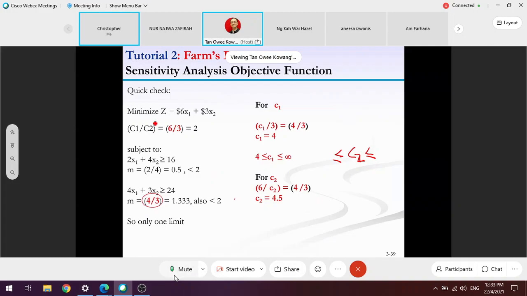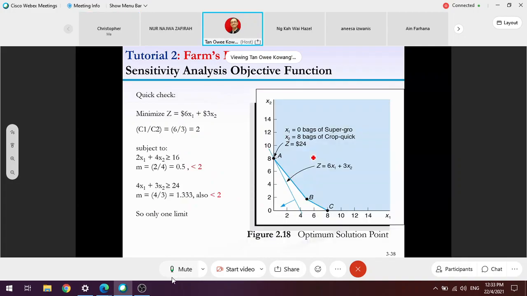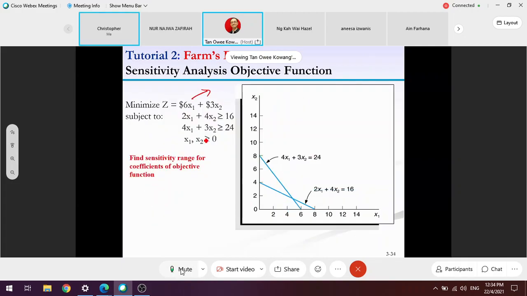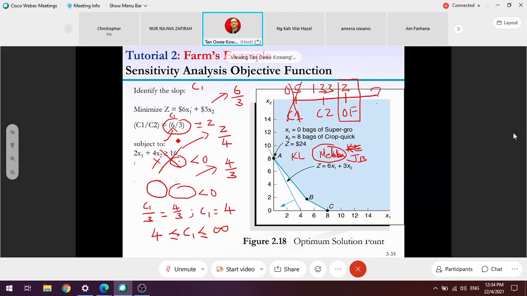You refer to the original C2, which is 3. So therefore, you should put it in the upper. So if upper here, what are you going to put? 1, 0. Is it there? Because here we say f for x2. All right, 0. Done. Understand?